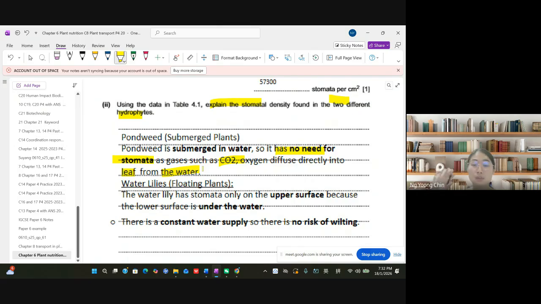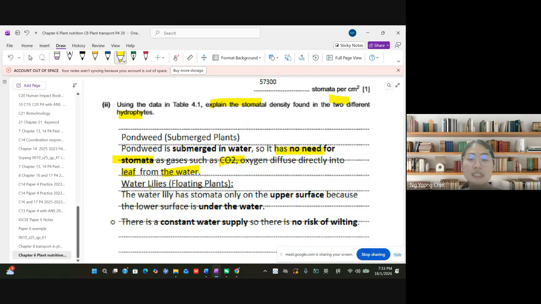So they do not require stomata, because the oxygen and carbon dioxide, which are in liquid form, dissolved in the water, can directly diffuse into the leaf cells from the water. So there is no need to go through the stomata.